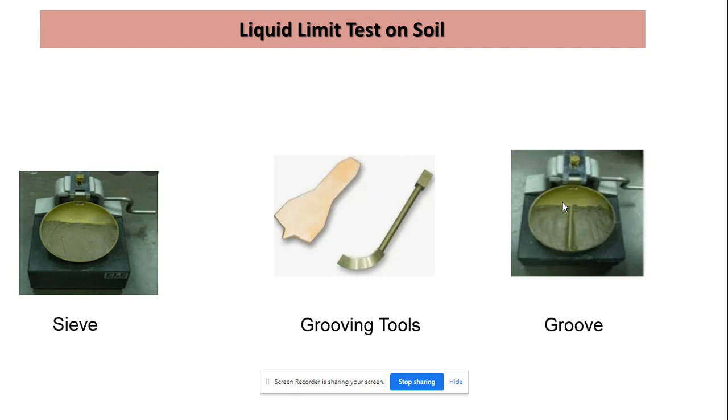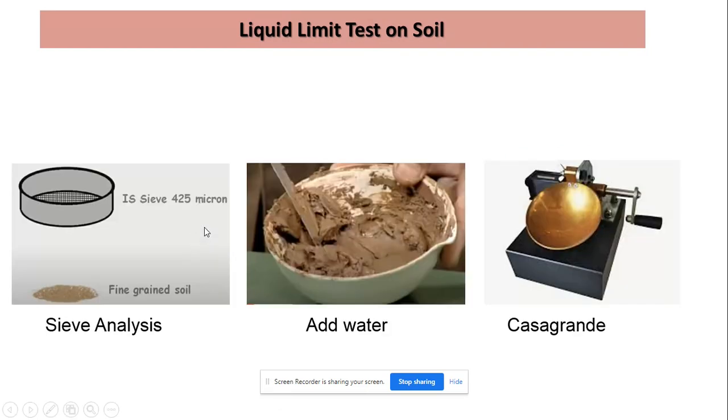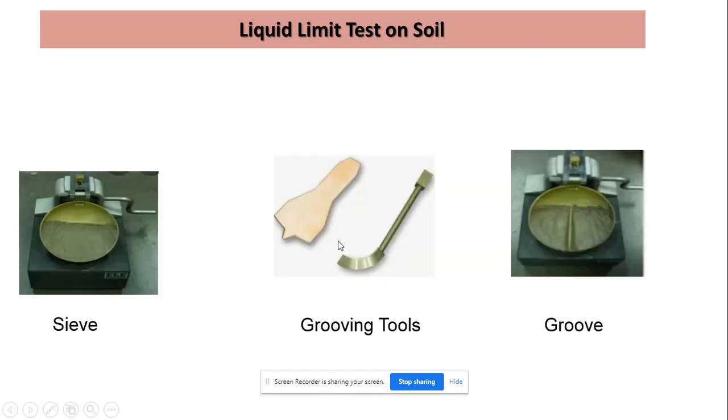Basically, we will take the soil paste that was formed earlier by adding water to the soil, and put it in this Casagrande cup. And now we can use these two standard grooving tools to make a groove in this soil sample. If it is fine grained soil, that is silt or clay, we will use this Casagrande tool, the above one in golden color.